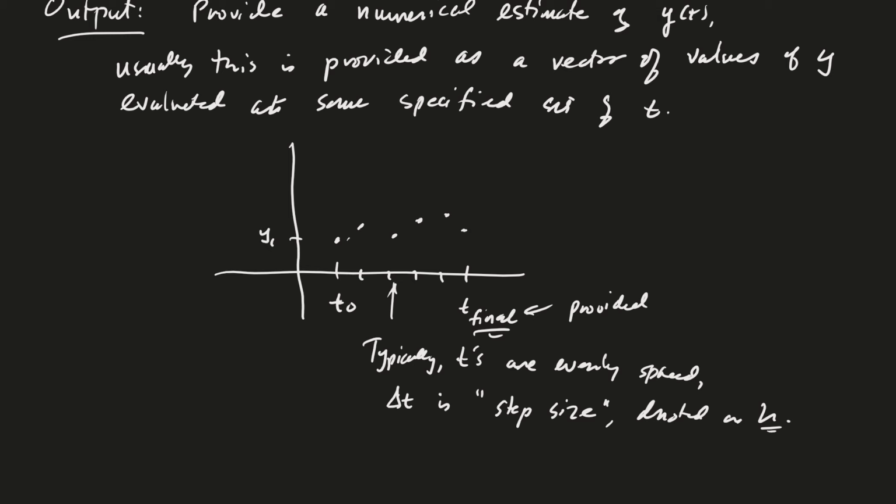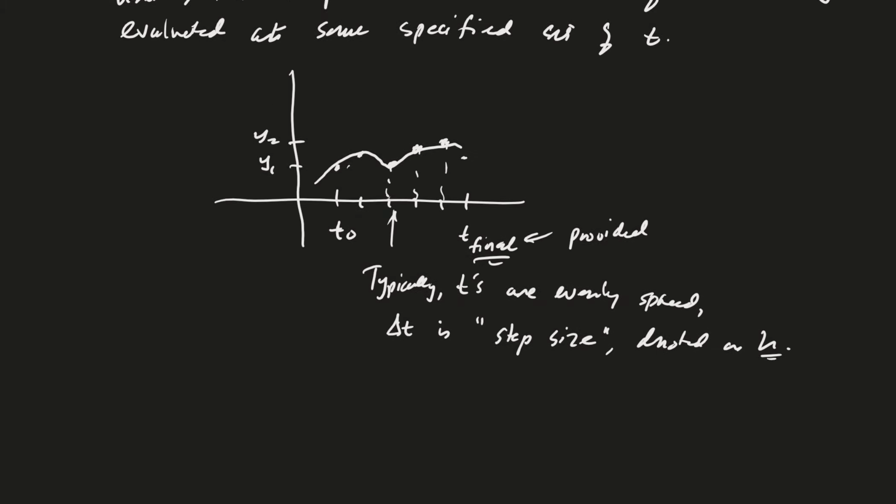This is like y1, this would be like y2, this height right here would be y3, this height would be y4, this height would be y5, and so on. Okay, so hopefully the underlying solution, right, looks nice. Okay, good. Okay, so how are we going to get this is the question.